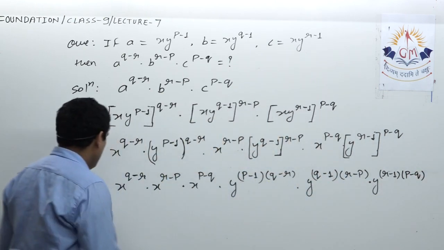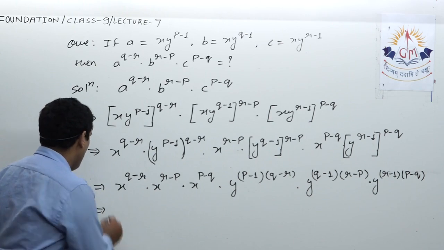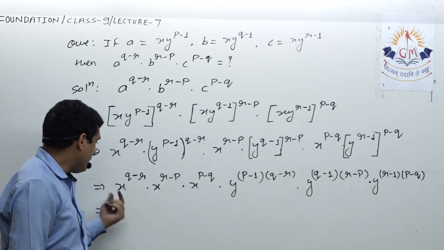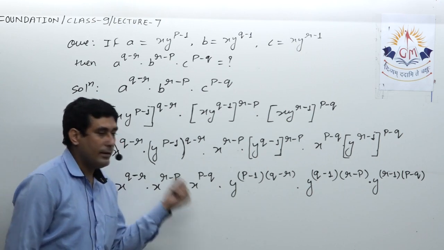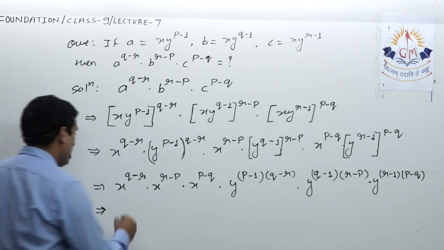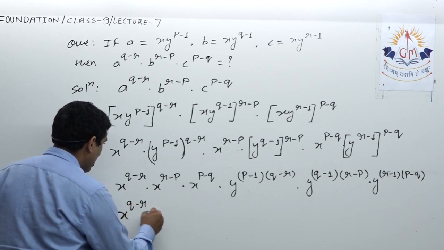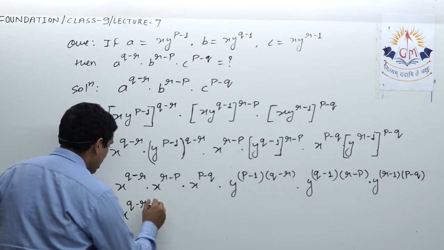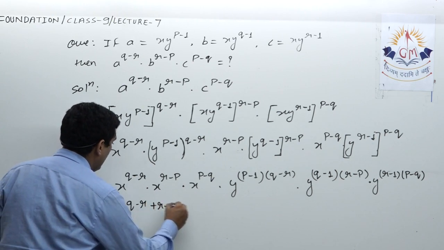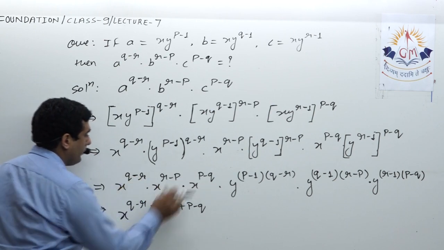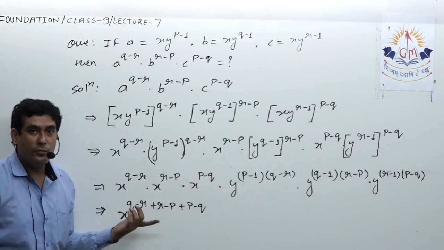Now over here I'll apply the first law, that is the product law. It says if the bases are the same, powers can be added. So x raised to q minus r plus r minus p plus p minus q. What I did, I added the powers applying the laws of exponent.